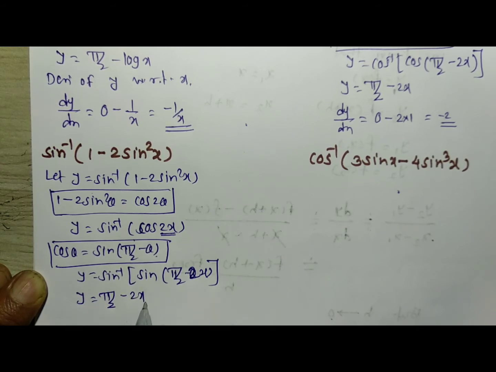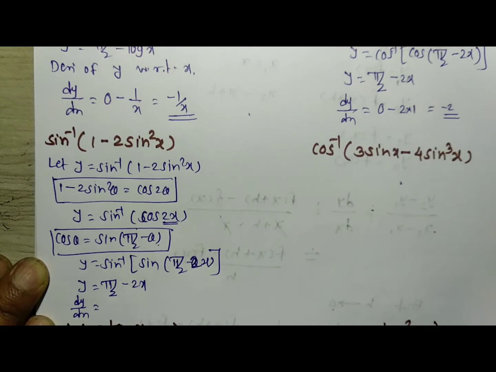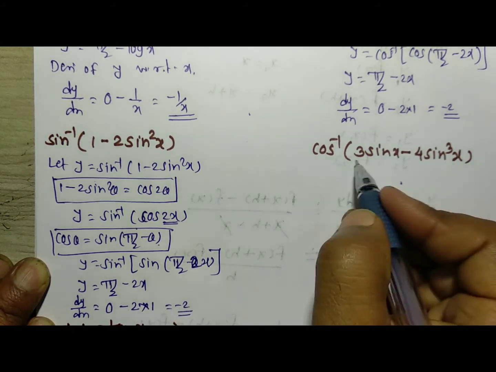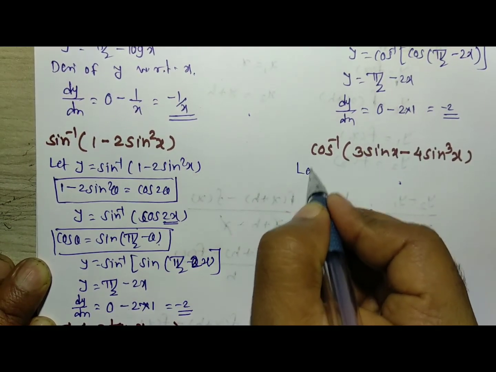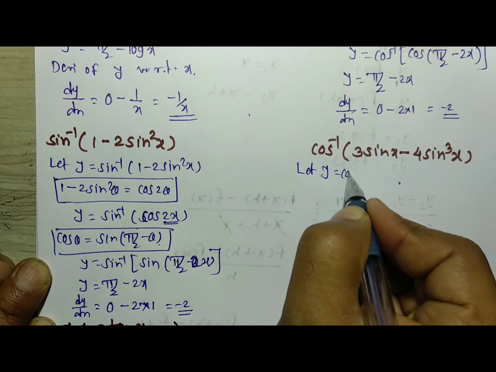The derivative of y with respect to x, dy by dx, is equal to pi by 2 having derivative 0, minus 2 into the derivative of x, which is 1, and therefore it is minus 2.